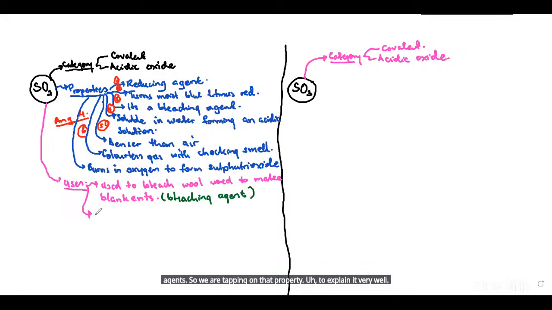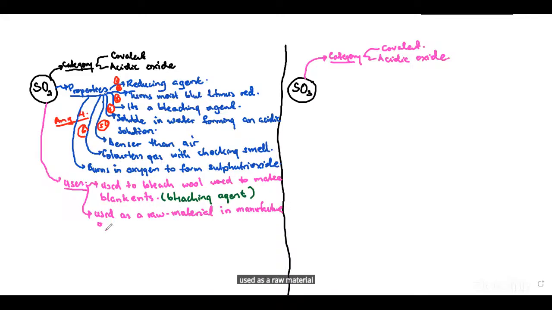Then 2, we shall also see that it is used as a raw material in manufacture of sulfuric acid. Why is it used? Simply because the gas is acidic.